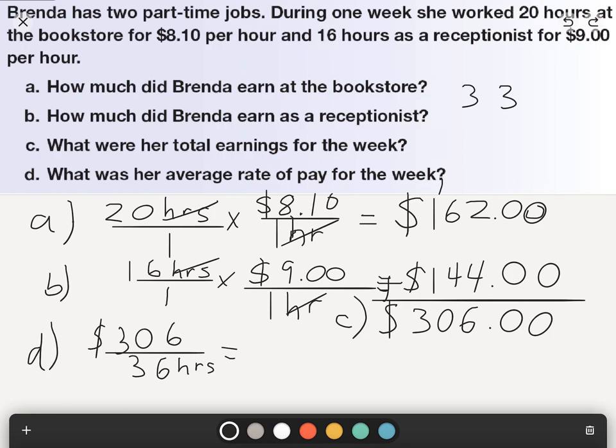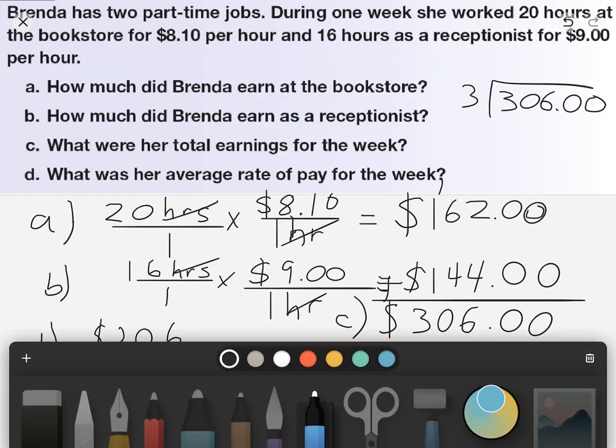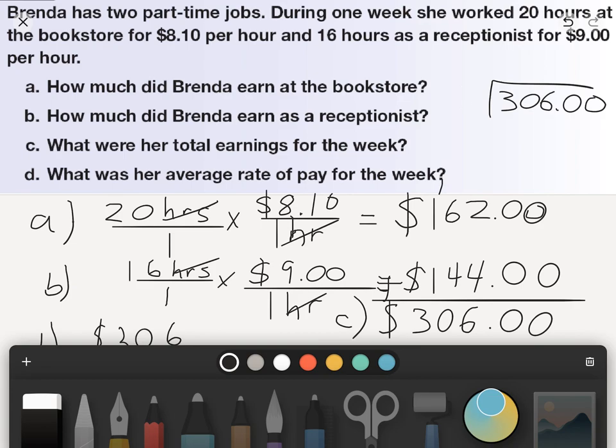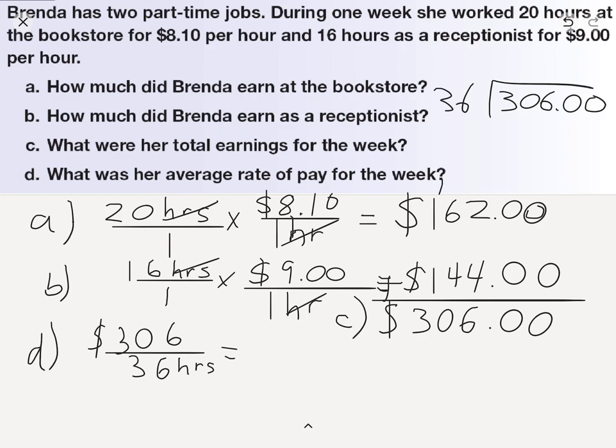Okay, oh, I see. So 306. I guess I'll put my zeros there. 36. Excuse me. Okay, so once again, there are no 36s in 3. There are no 36s in 30. Oh, gotta bring my decimal up here.